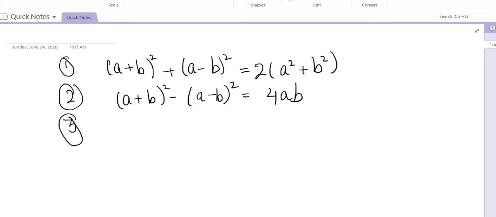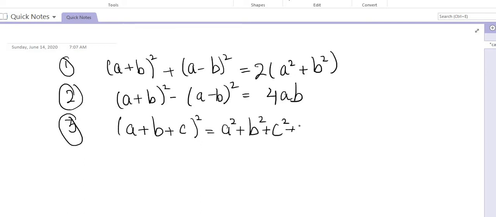Just make one page for your formulas and try to memorize them. Okay, third one, a plus b plus c whole square equals to a square plus b square plus c square plus 2ab plus 2bc plus 2ca.